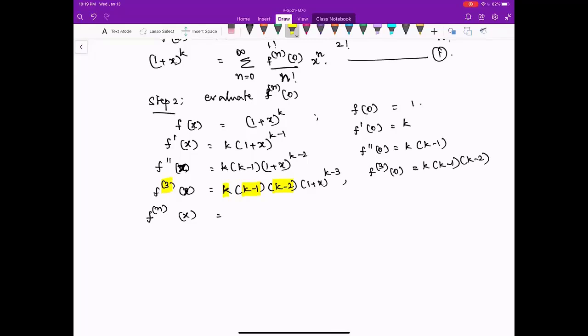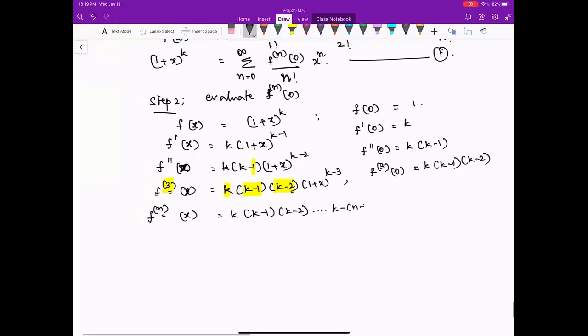For the second derivative, it ends at k minus 1, which is 1 short of 2. So the nth derivative is going to have n factors. Where will I end it? For 3, I end at k minus 2. For n, I will end at k minus n plus 1.